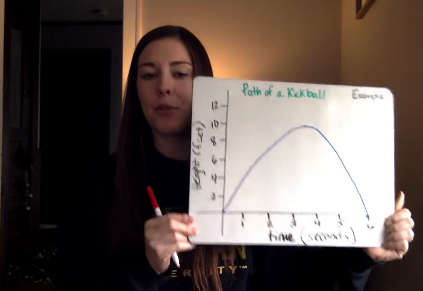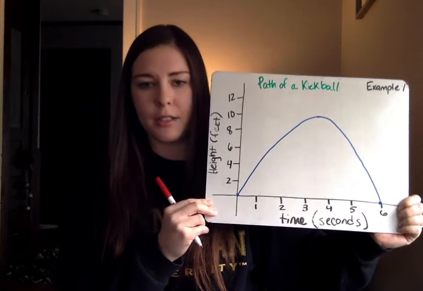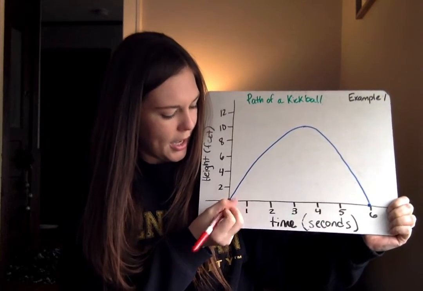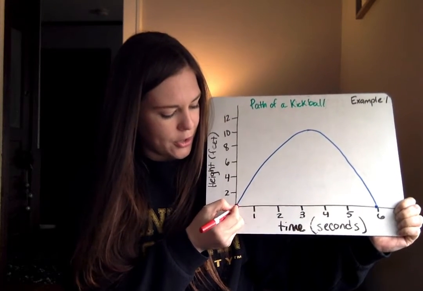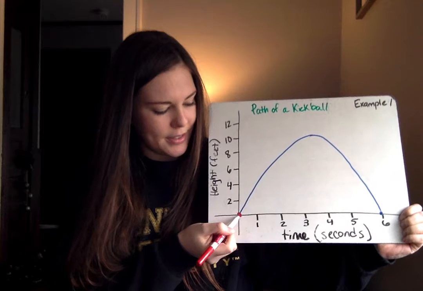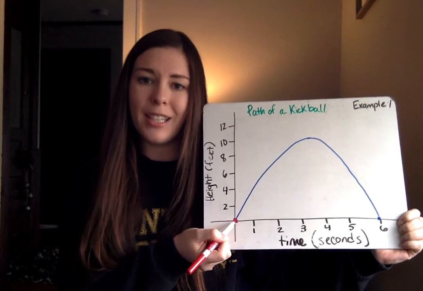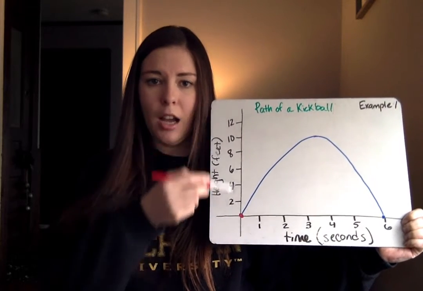Okay? Now, there were 3 points that we really want to talk about. The starting point. Okay? So if we look, the starting point is going to be at your y-axis. So at our starting point, this is time 0. We are looking at the height there. So at time 0, we look at our height here.